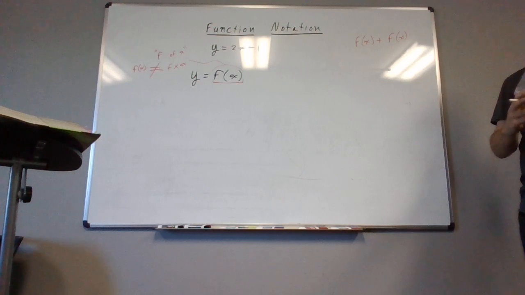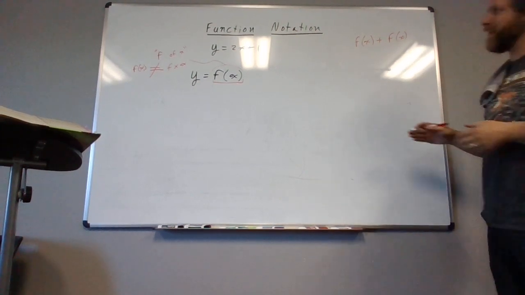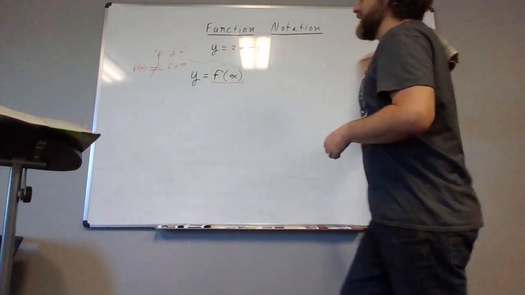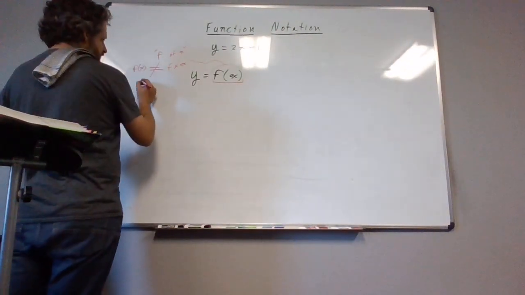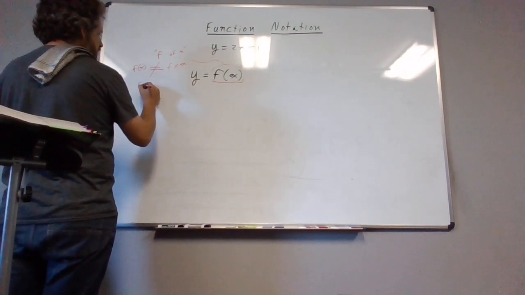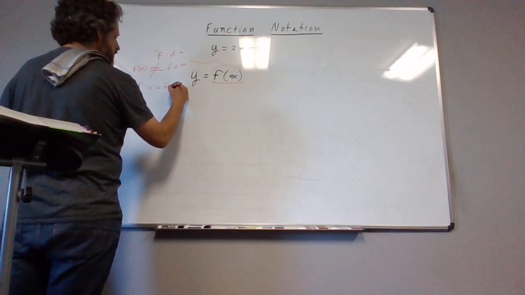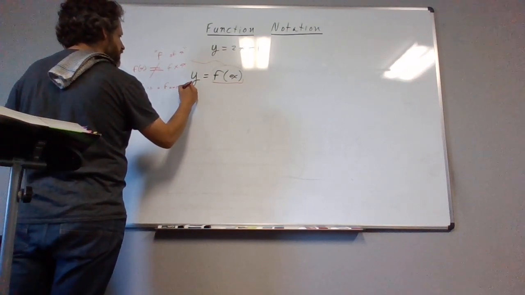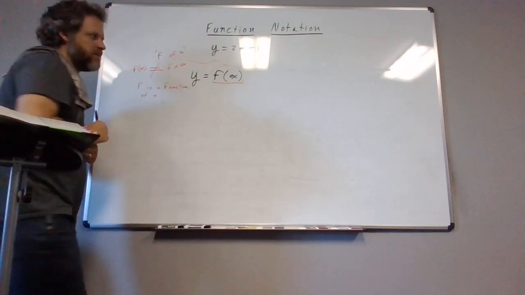It's one thing. They're linked together. You don't multiply them together. It's not multiplication. It's notation. And what this means, and we can also translate, is that f is a function of x.